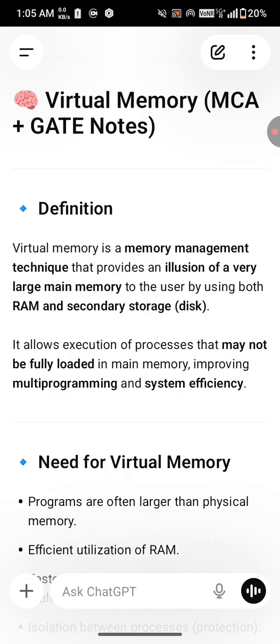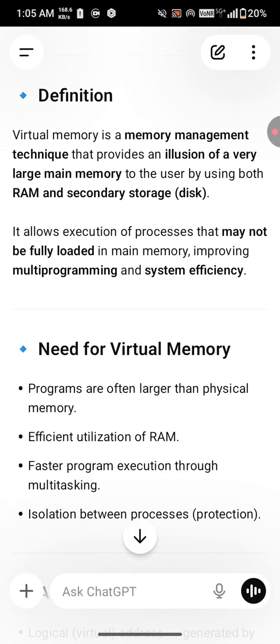You can extend your RAM, and that extendable memory portion is known as virtual memory. So it allows execution of processes that may not be fully loaded in main memory, improving multiprogramming and system efficiency.